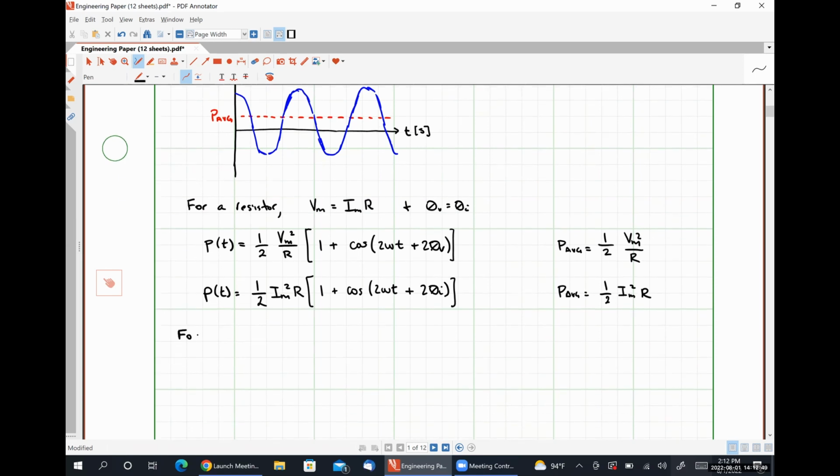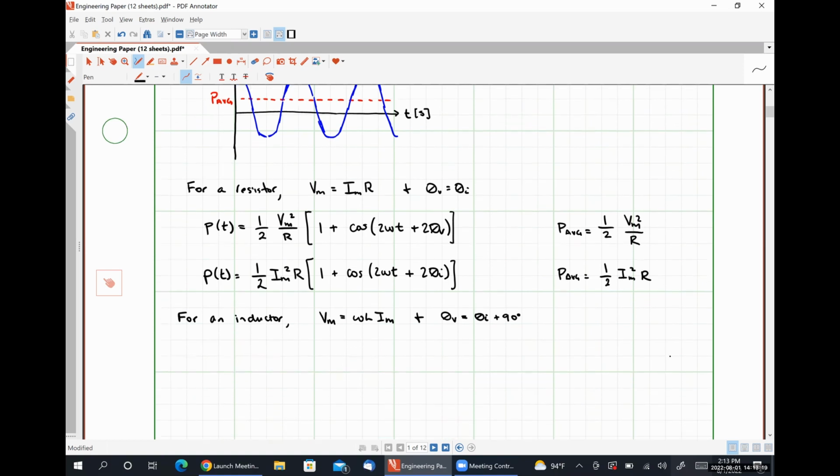For an inductor, the magnitude of the voltage Vm is equal to omega L times Im. And we know that the phase angle of the voltage is equal to the phase angle of the current plus 90 degrees.